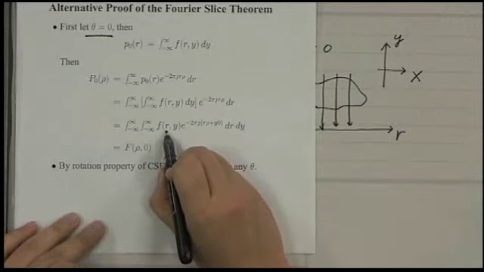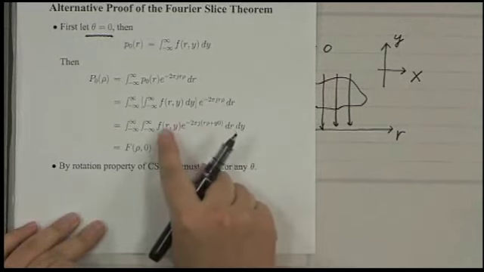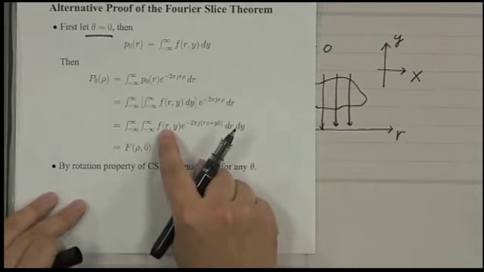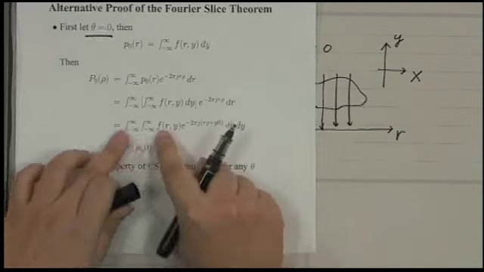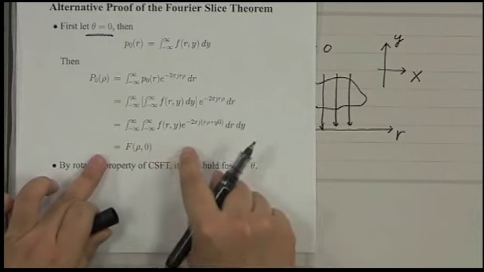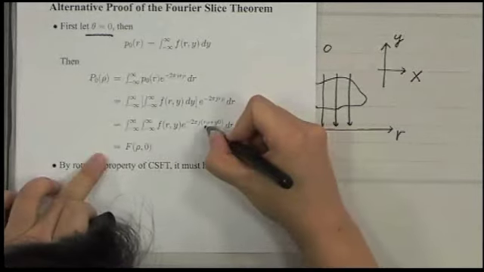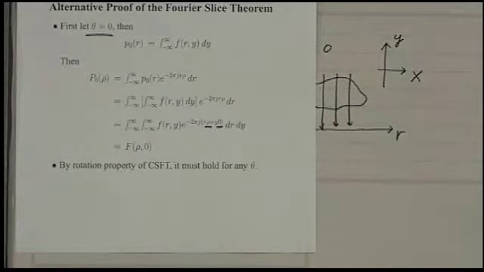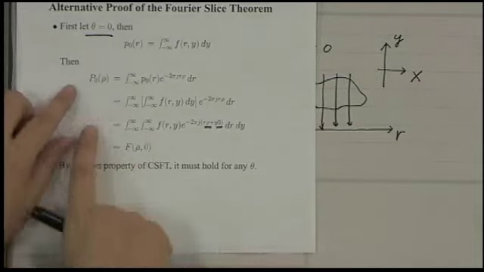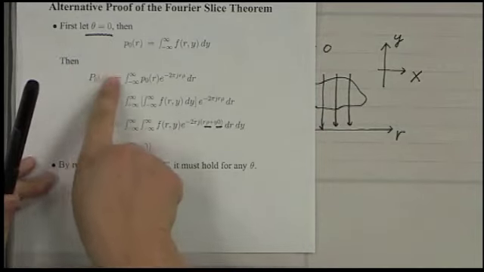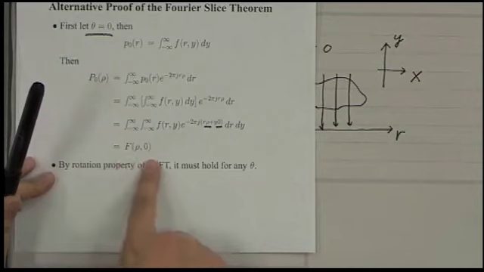R is a dummy variable, so it can be anything. It can be x, it can be any other variable. So this is the Fourier transform F(u,v), but (u,v) takes the value of (rho, 0). So we get, for the theta equals 0 case, P(rho) equals F(rho, 0).